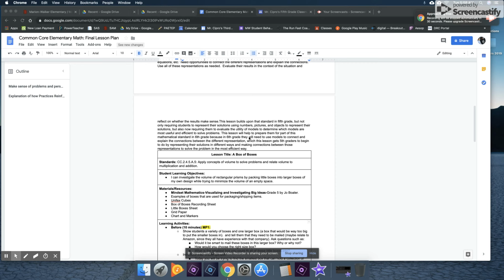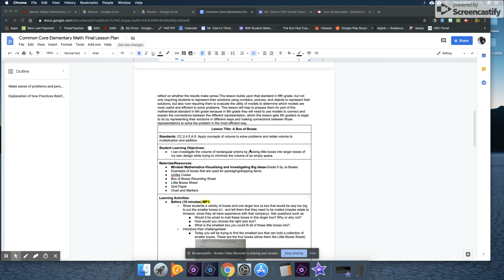This lesson will help prepare them for this mathematical standard in 6th grade, because in 6th grade, they will need to use models to connect and explain the connections between the different representations, which this lesson gets 5th graders to begin to do by representing their solutions in different ways and making connections between those representations to solve the problem in the most efficient way. So this is my lesson and how it connects to all of the standards.